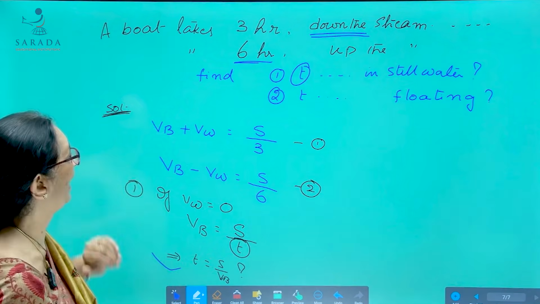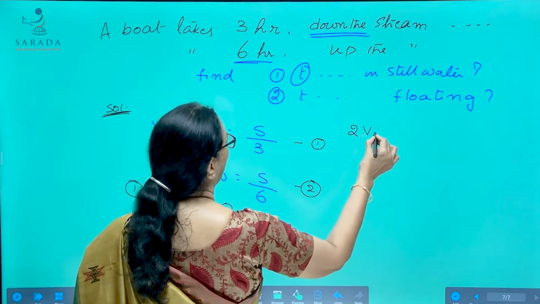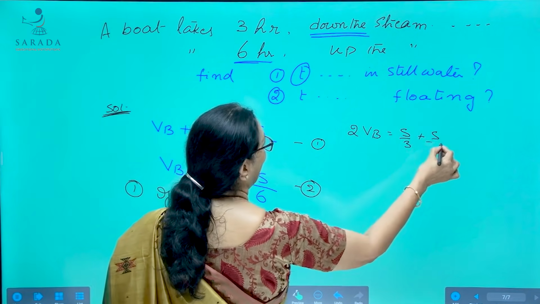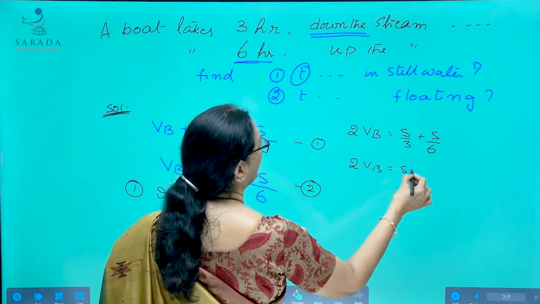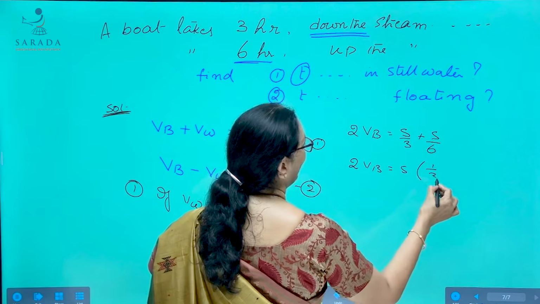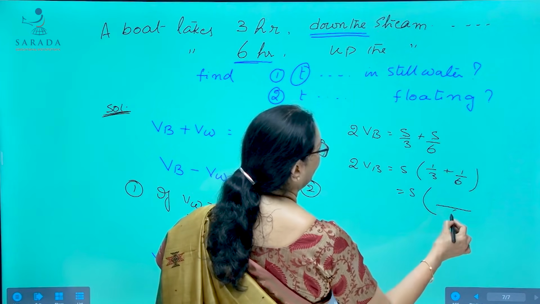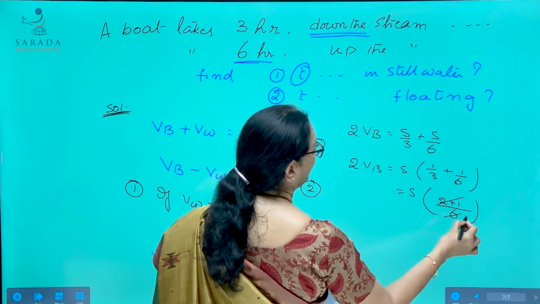So we have to add these two equations. Then 2VB is equal to S by 3 plus S by 6. So 2VB is equal to S into 1 by 3 plus 1 by 6, or S into, if you take 6 as LCM, 2 plus 1, that is 3 by 6, which is S by 2.